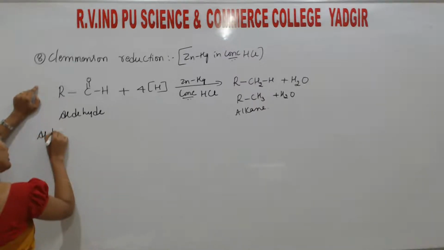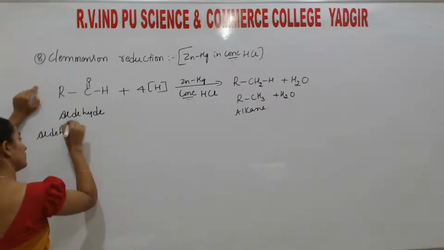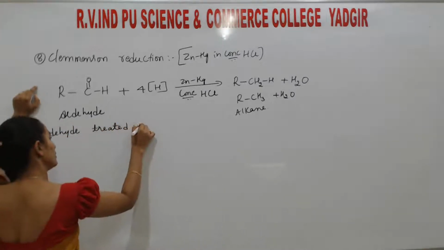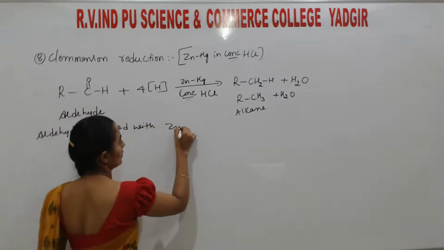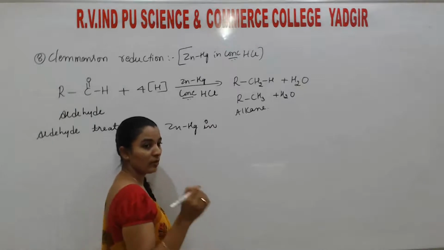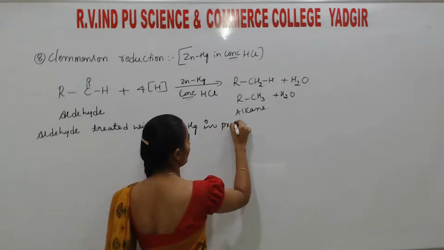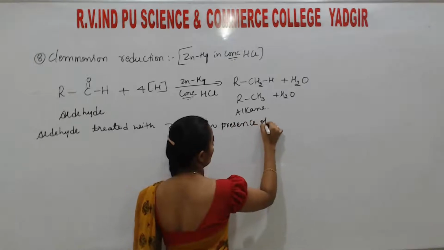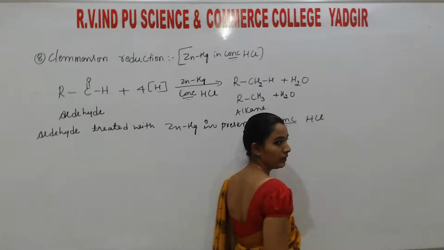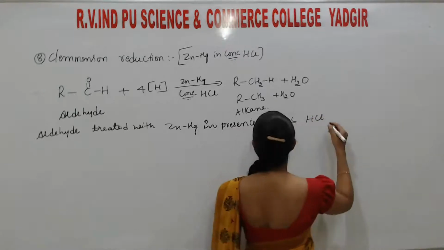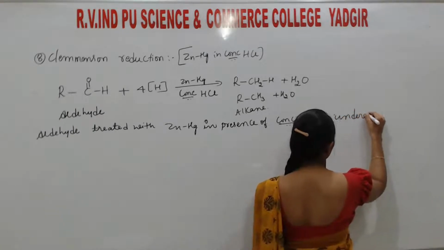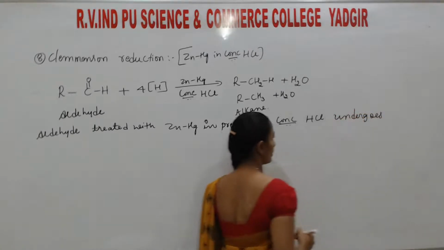The aldehyde treated with zinc amalgam, zinc with mercury, in presence of concentrated HCl undergoes reduction.